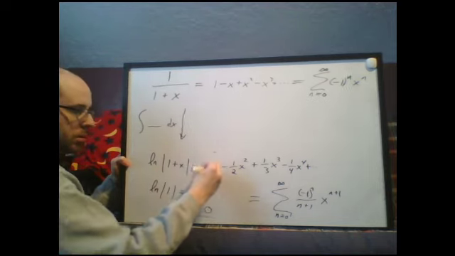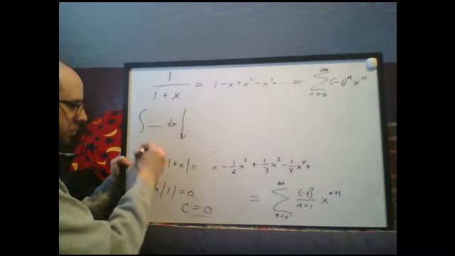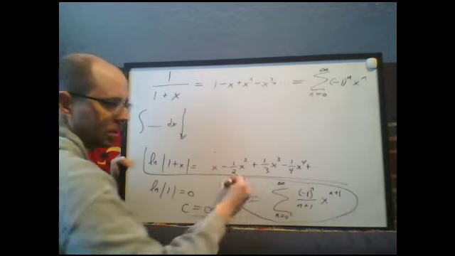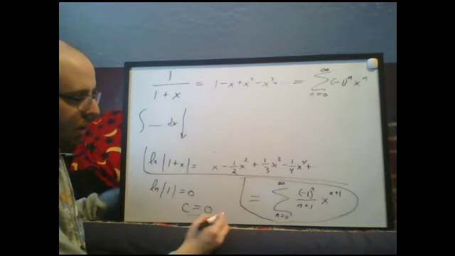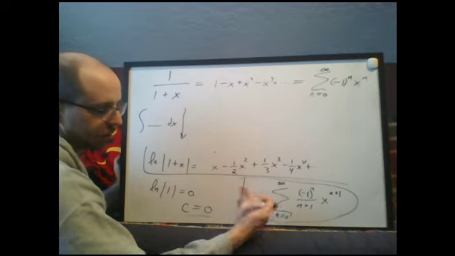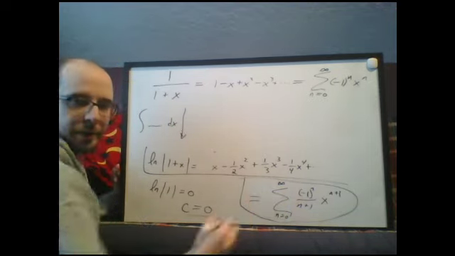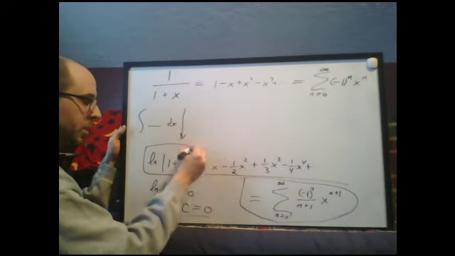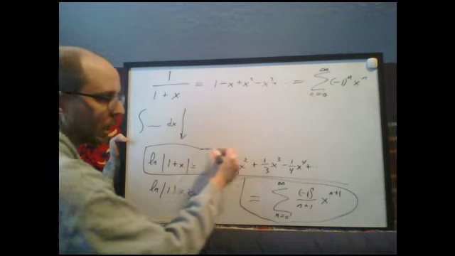So it's really this. This is the power series representation. I'd stick the c in front, but then I figure out c is 0, so in this case it's gone. Okay, so I have a power series representation for ln of 1 plus x now.